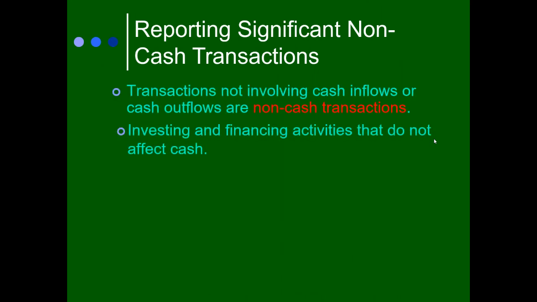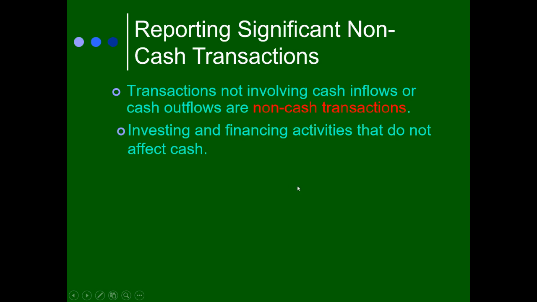Then another item that can be reported is the non-cash transaction. Usually this is another section under the statement of cash flow. This is only the reporting of investing and financing activities that do not affect cash. It means any investing or financing activities that involve the exchange of debt is a non-cash transaction.